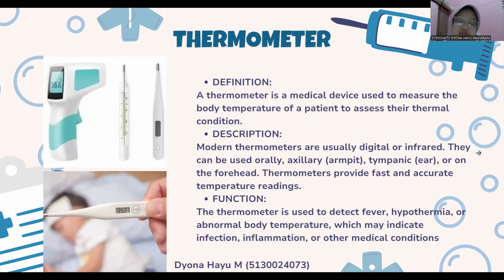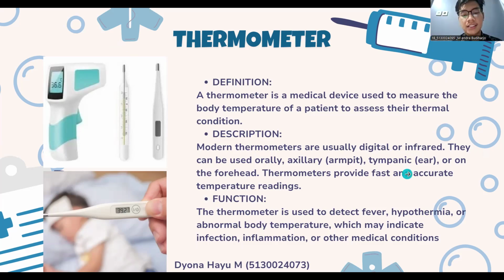They can be used orally, axillary, tympanic, or on the forehead. Thermometers provide fast and accurate temperature readings. Function: the thermometer is used to detect fever, hypothermia, or abnormal body temperature, which may indicate infection, inflammation, or other medical conditions.